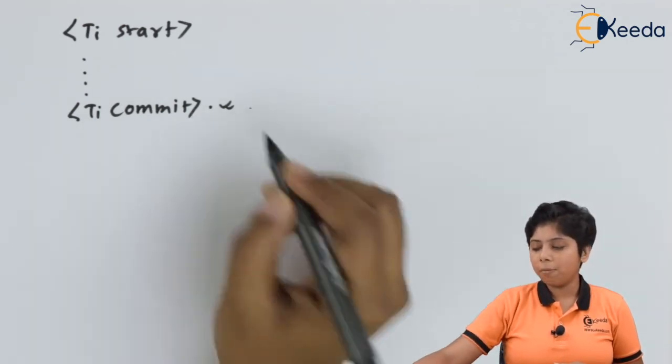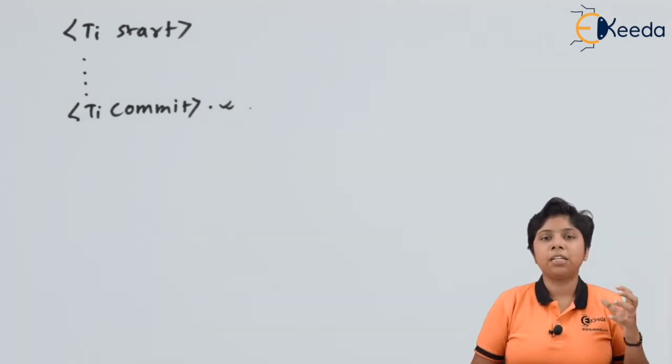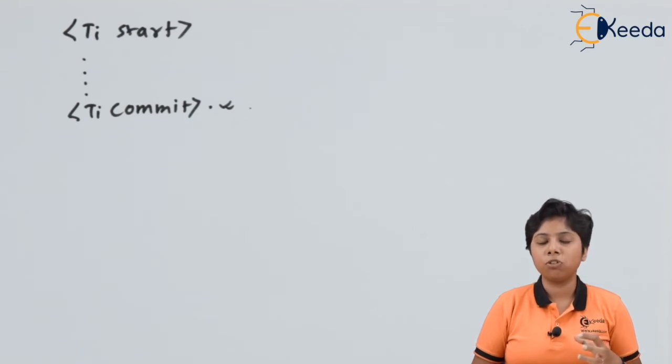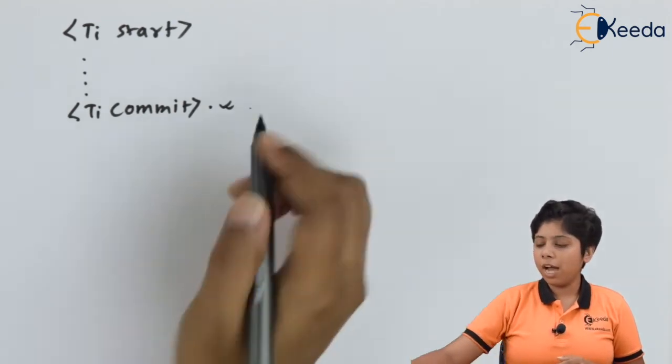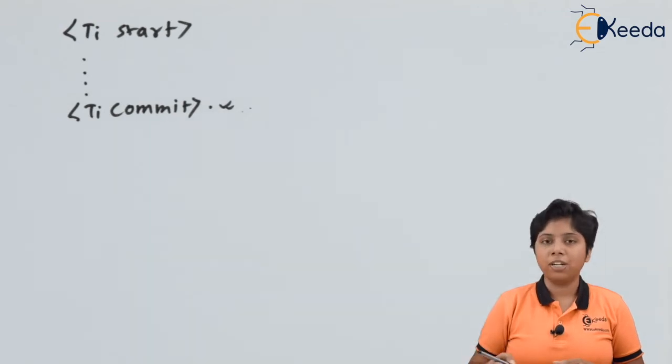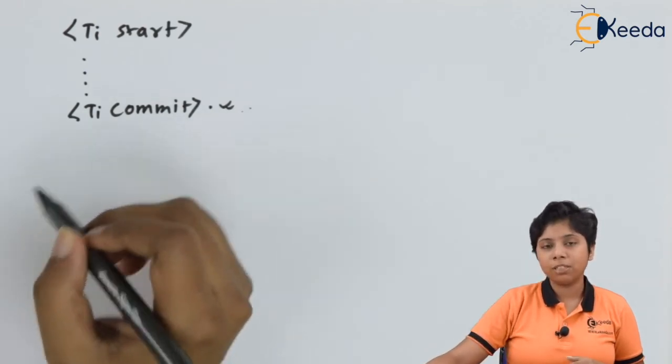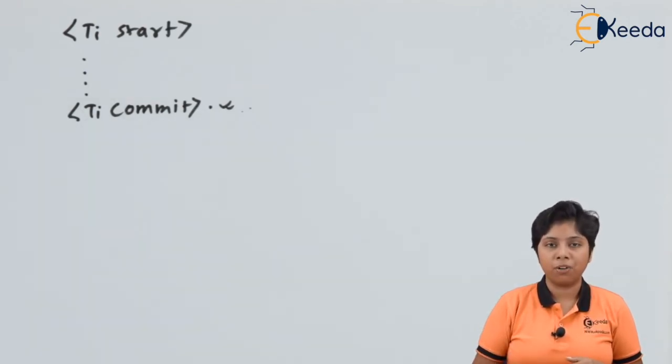The Ti commit is followed by the transaction being logged and the log then being written to the database, so that we can consider that Ti commit has been performed. Even if we have this Ti commit in the log record, the transaction is considered not committed until it is written to the log record database modification.